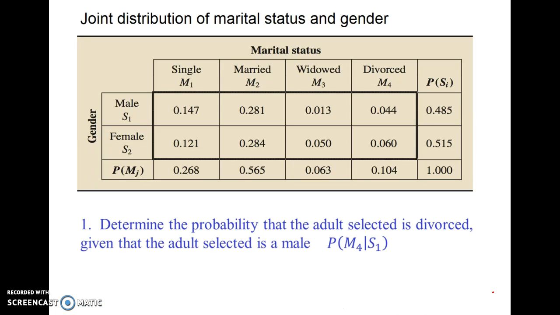The first one: determine the probability that an adult selected is divorced, given that the adult selected is male. So this is the given. That's what we're working with. That's going to be the denominator. The denominator is S1.